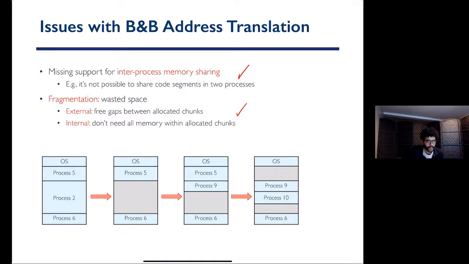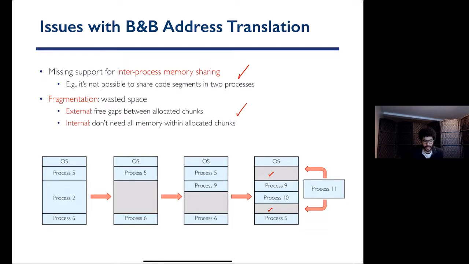Now, if later on process 5 finishes as well, you have two free regions in your memory: the space of process 5 and the leftover from process 2. Now, let's say process 11 comes, and process 11 is bigger than both of those spaces. Now you cannot map memory for process 11.